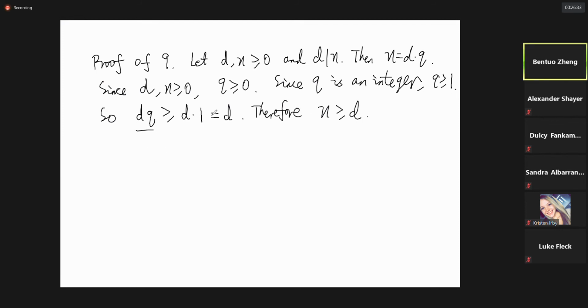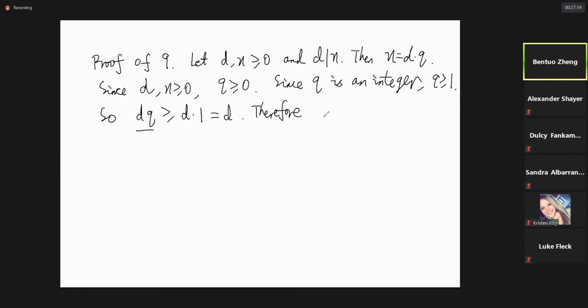Okay, look at here. I'm saying since q is greater than or equal to 1, d times q is greater than or equal to d times 1, right? But d times 1 is of course equal to d. So that's why d times q is greater than or equal to d, right? But you should realize d times q is equal to n. Let me write one more step, then it's probably clearer.